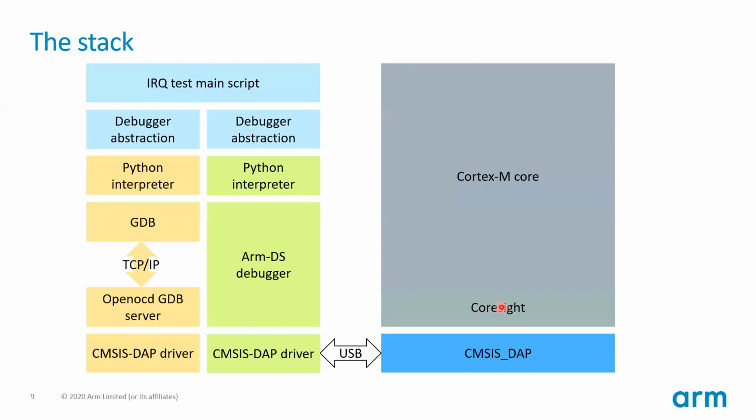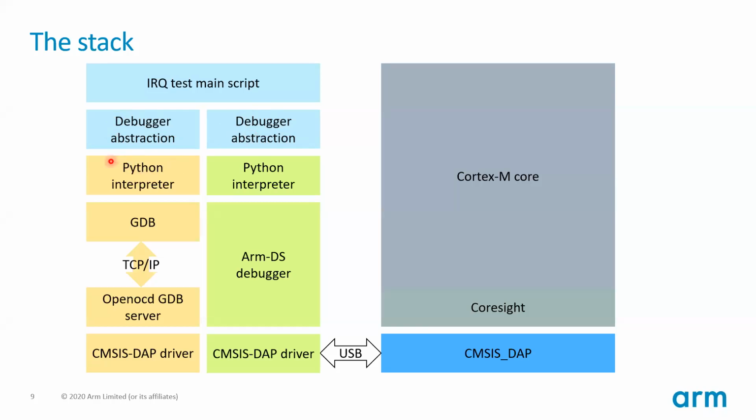This is the architecture of the software stack that we had for testing this way. On the top, there is some common logic in the script that reads in the config files, executes the test cases and does the checking. There's a not too big debugger abstraction layer for each debugger, because of course the Python interface for driving the debugger is different for the two debuggers.